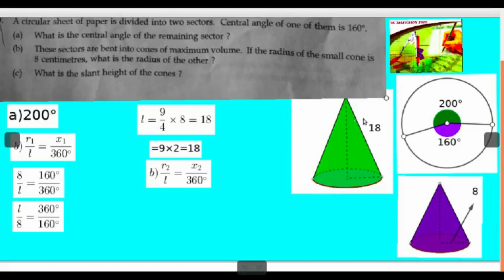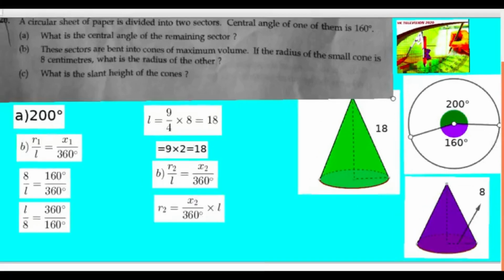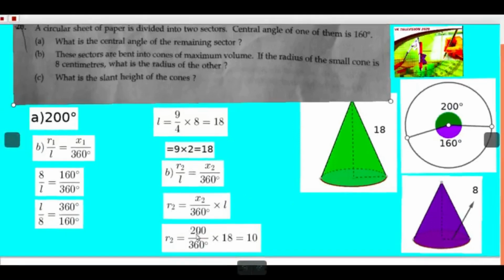We have the relation R2 by L is equal to X2 by 360, so R2 is equal to X2 by 360 into L. The central angle is 200. R2 is equal to 200 by 360 into the slant height 18, which is equal to 10. That is, the radius of this cone is 10.